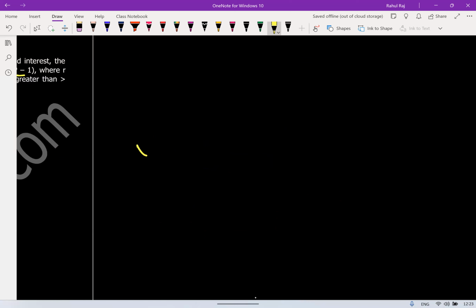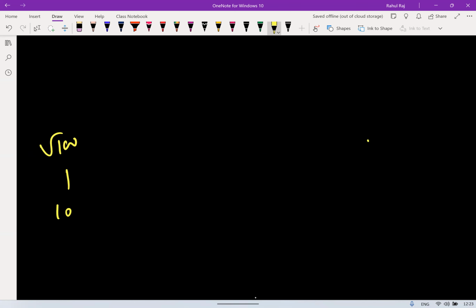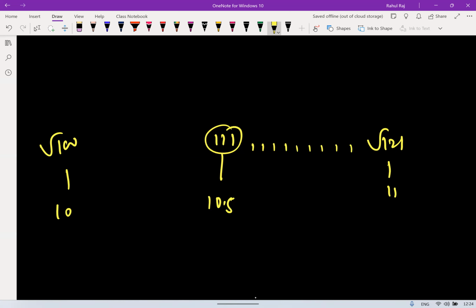See here. Root of 100 is what? 10. Root of 121 is what? 11. Straightforward logic. So 115 comes right in the middle, and the approximate value of root 115 should be around 10.5 to 10.7. Going from 111, 112, 113, 114, roughly every two values down you can move one step up in tenths: 10.5, 10.6, 10.7, 10.8, 10.9.